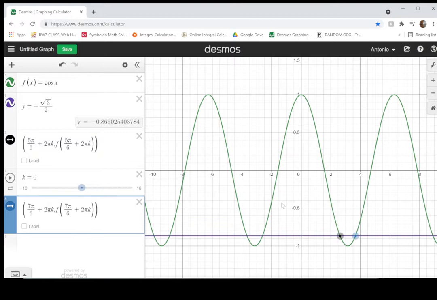Now we see when k is 0, we get the solutions that lie in the second and the third quadrant, that being 5 pi over 6 and 7 pi over 6.